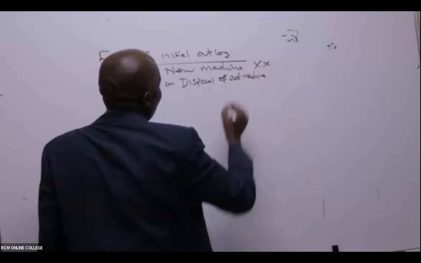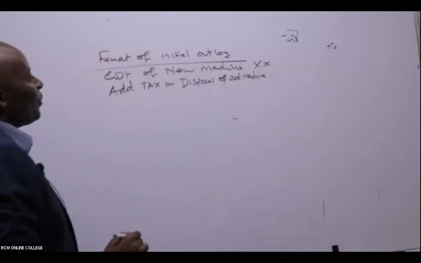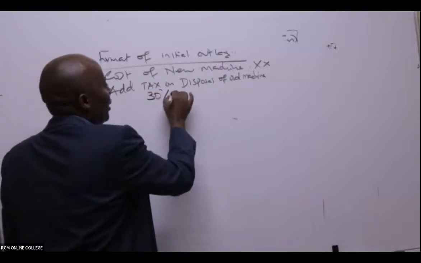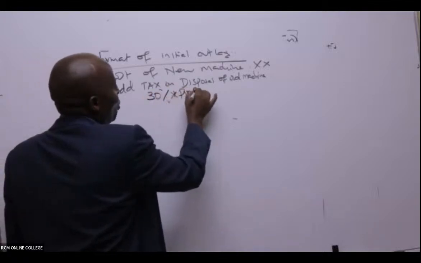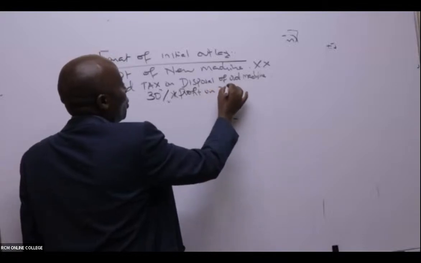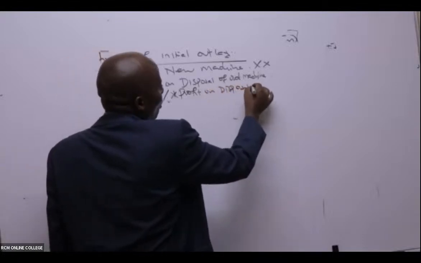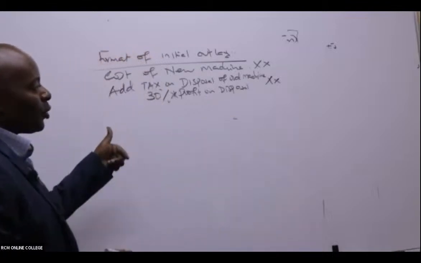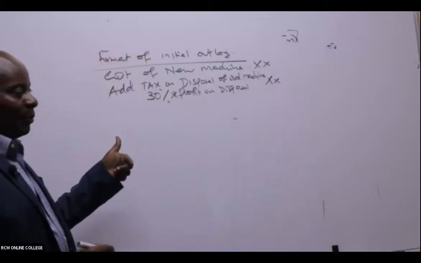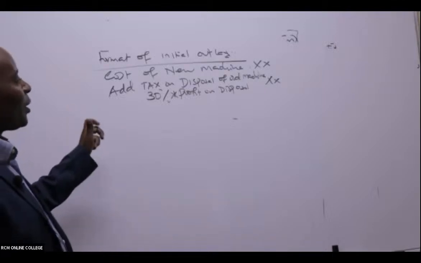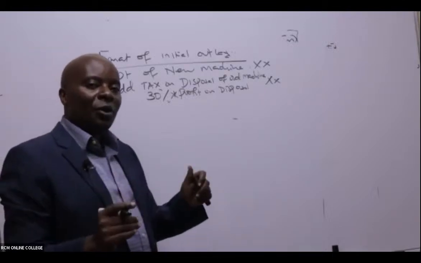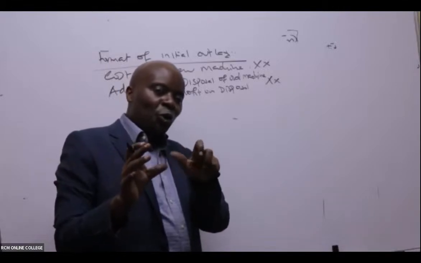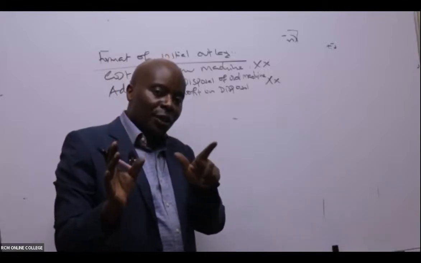Basically, we take the rate of tax, which perhaps would be 30%, times the profit on disposal of old machine. You add it. Of course, if it's a loss, you subtract. But in most cases it will be a gain. If it's a gain, you'll be told, hey, you sold the old machine, give us something.